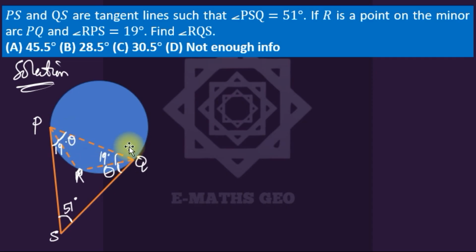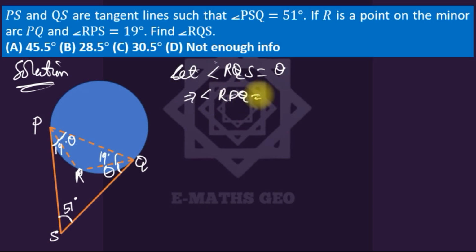So with that, we'll have a complete triangle with interior angles. Let angle RQX be theta, which implies that angle RPQ is equal to theta based on the alternate segment theorem.